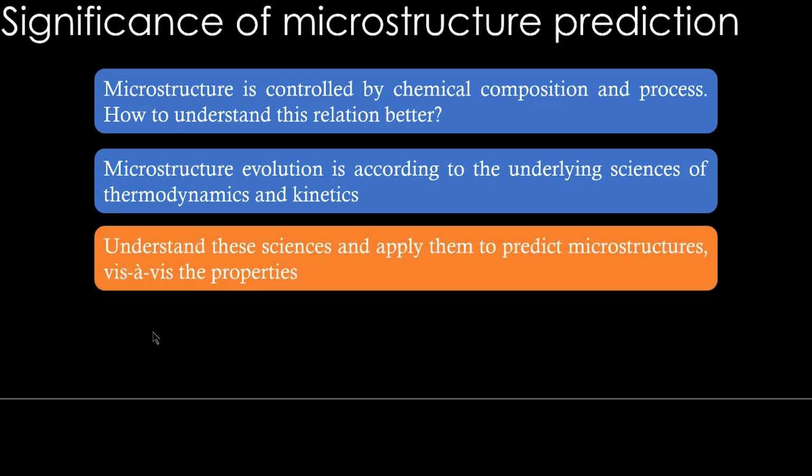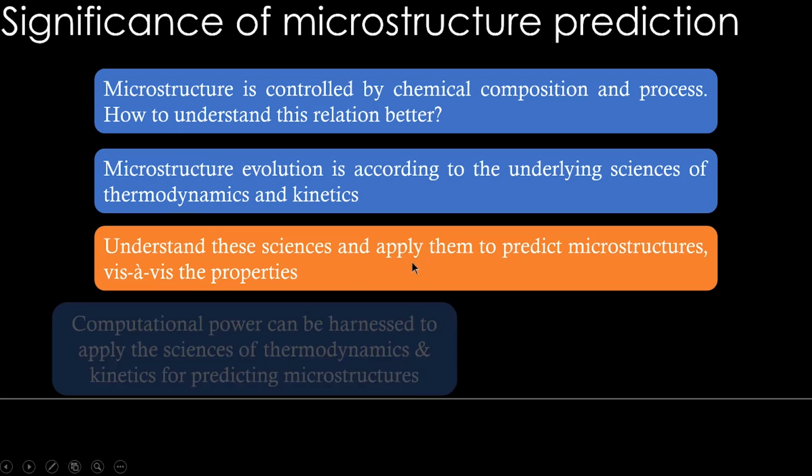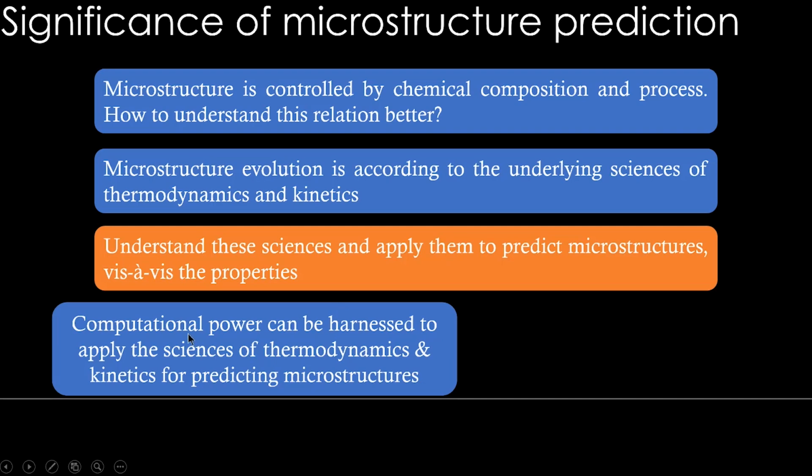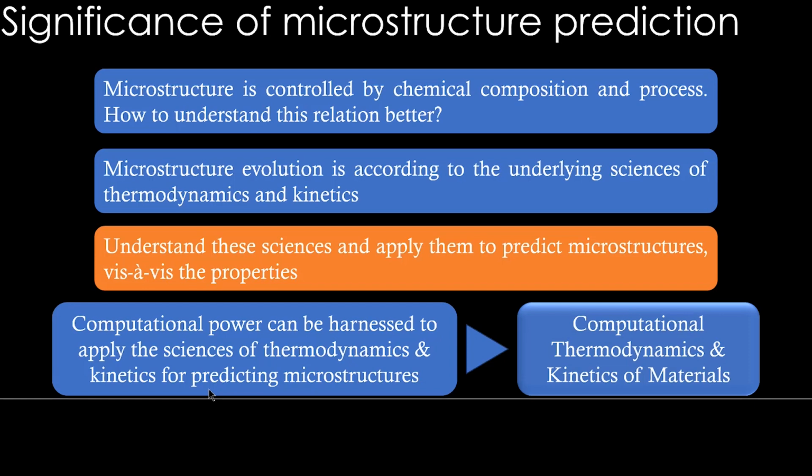Once we understand these sciences, we can apply them to predict microstructures and the properties. When it comes to applying these sciences, that is where we are going to use the power of computers. Computational power can be harnessed to apply thermodynamics and kinetics to predict microstructures. And this forms the scope of this course, computational thermodynamics and kinetics of materials.